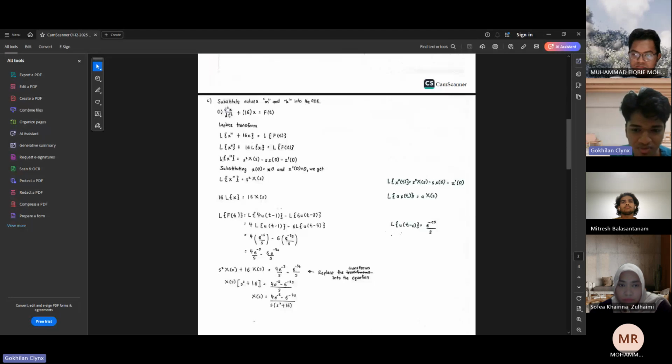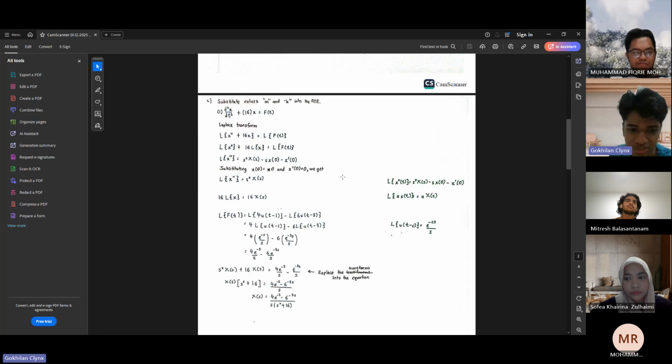So when we apply Laplace transform to d²x/dt², we get s²X(s) minus s x(0) minus x'(0).